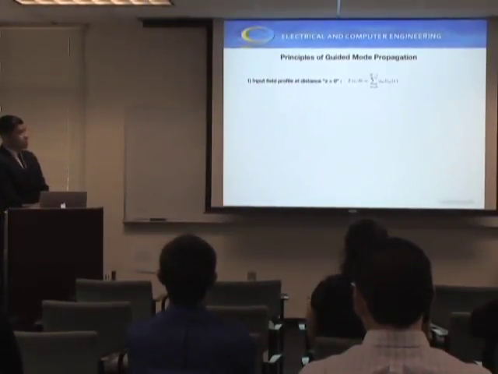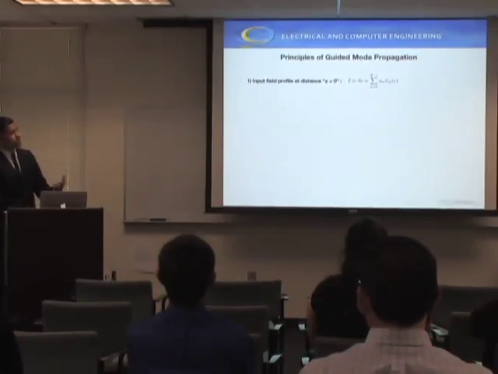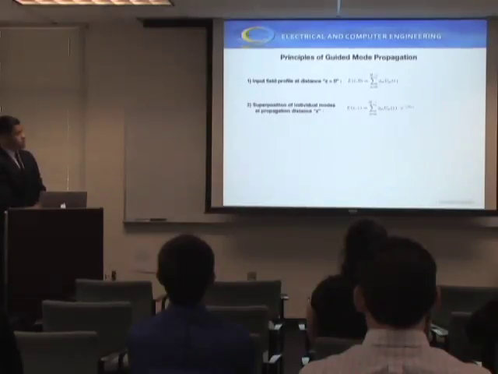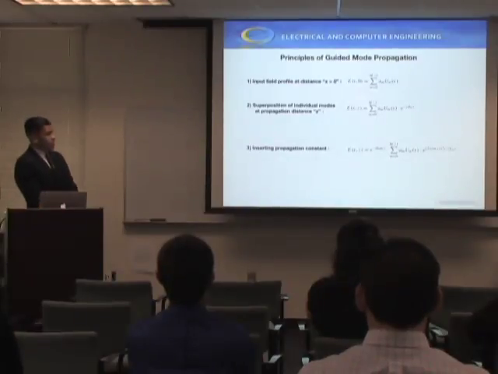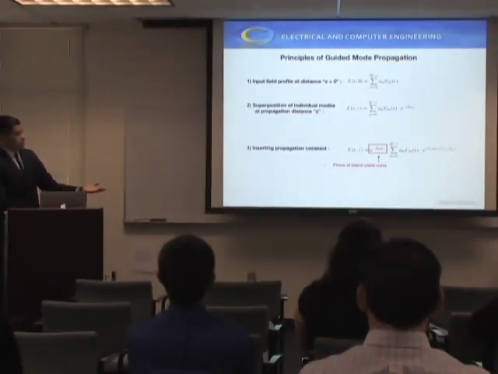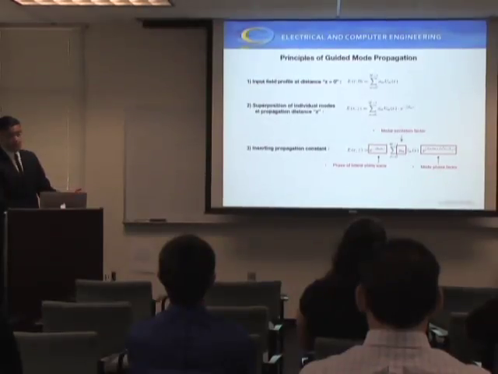Basically, we start with an input field profile at a propagation distance of 0, seen here. We can then introduce a propagation distance of z, which gives us a superposition of the input field. Then we can substitute in our propagation constant, beta sub m, and we can see that the summation, which corresponds to the images produced, will be dependent on the mode excitation factor and the mode phase factor.